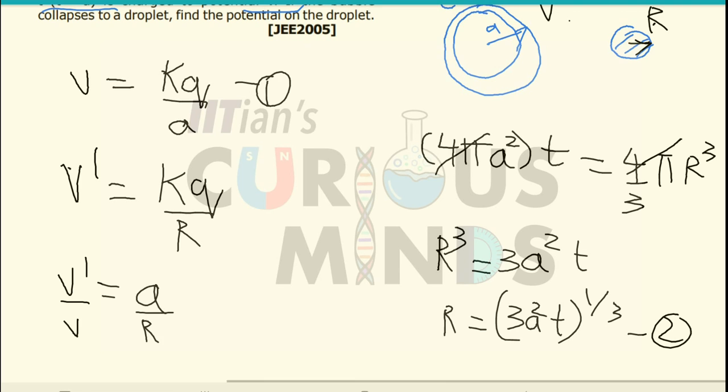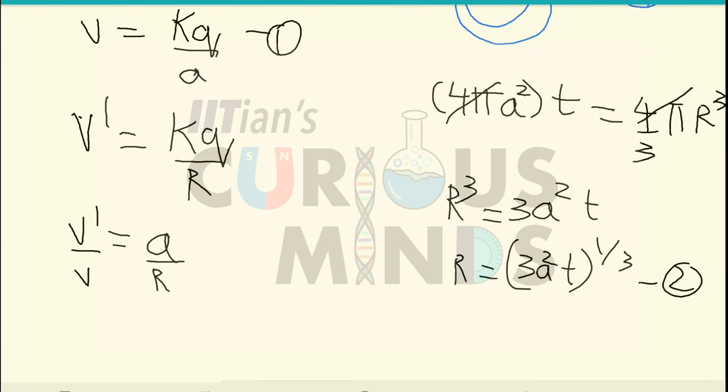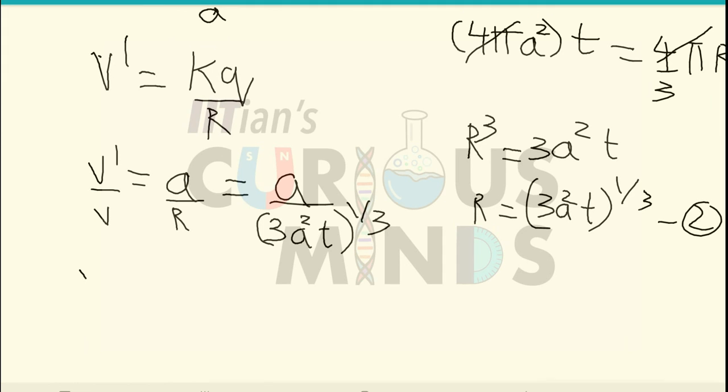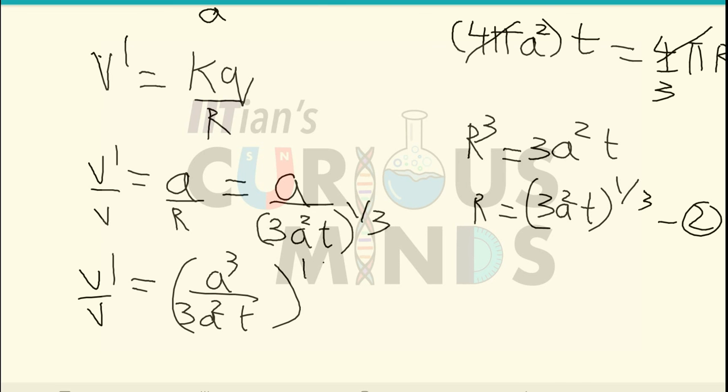Now we have to find the potential of this droplet. R over here will be equal to 3a square t, the whole raised to 1 by 3. When I take a inside the bracket, it will be a cube divided by 3a square t, the whole raised to 1 by 3.